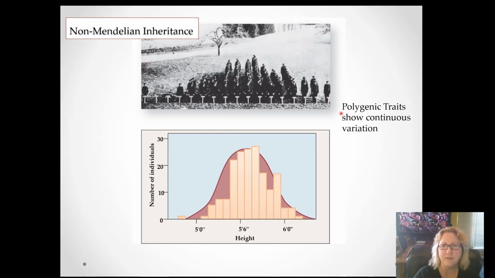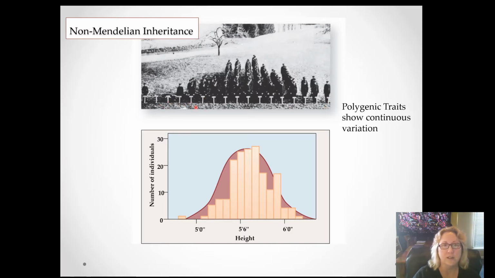This is a famous photo taken by a geneticist at either Harvard or Yale, I can't remember. During World War I, they were recruiting student soldiers, which they did on many college campuses. What they did was line them up behind a sign that had their height in inches.